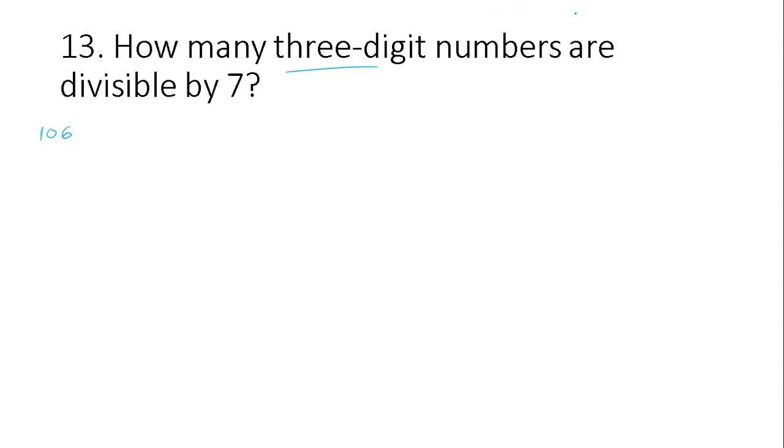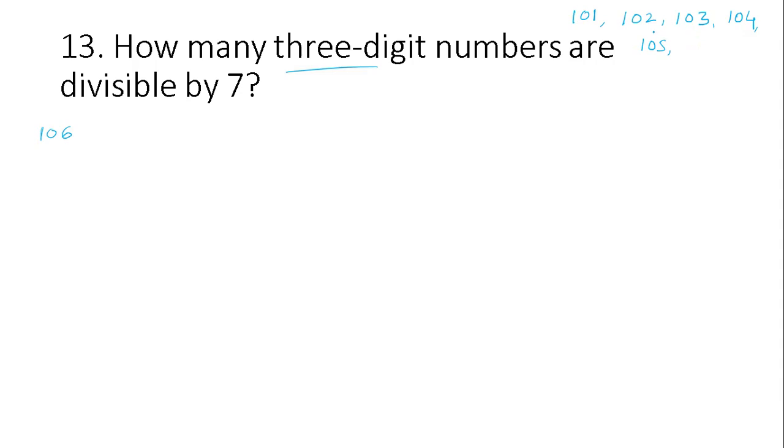Here, 101 is a prime number. 102 is divisible by 2. 103 is a prime number. 104 is divisible by 2. 105 is divisible by 5.